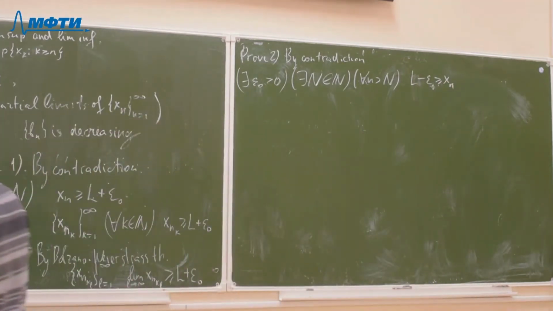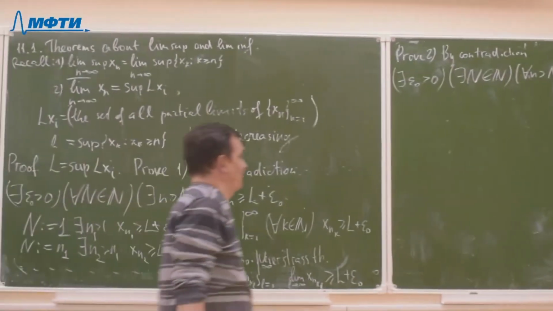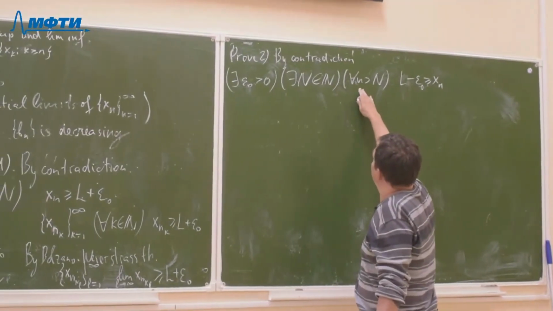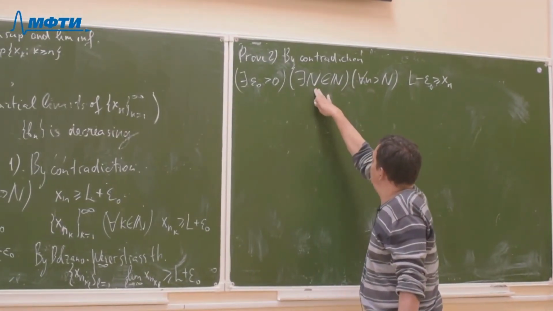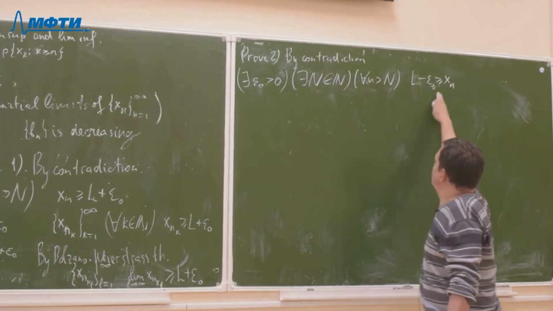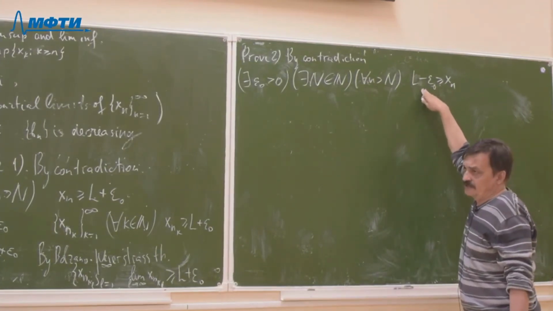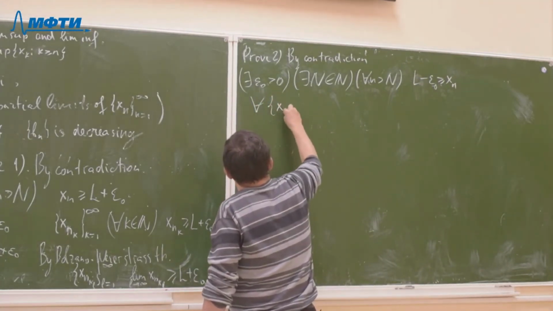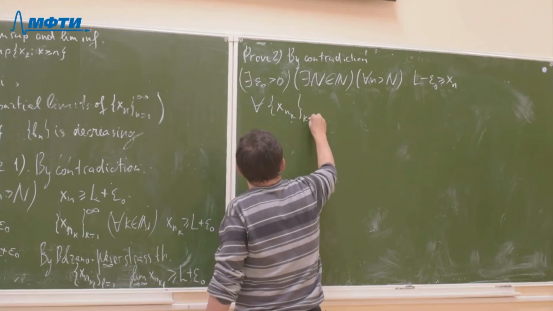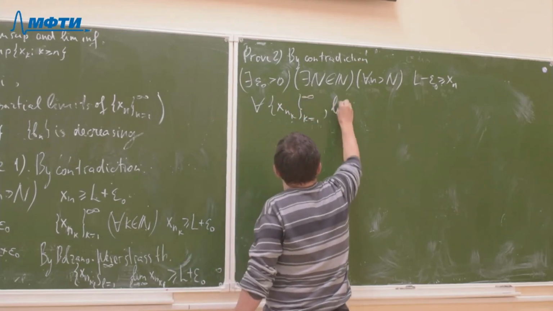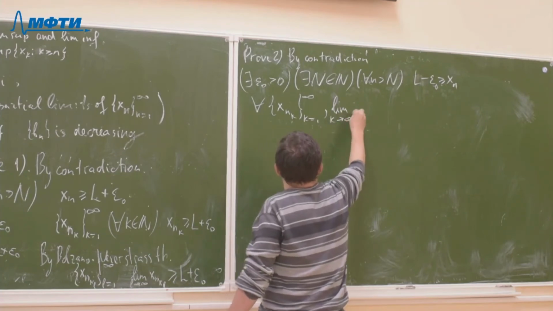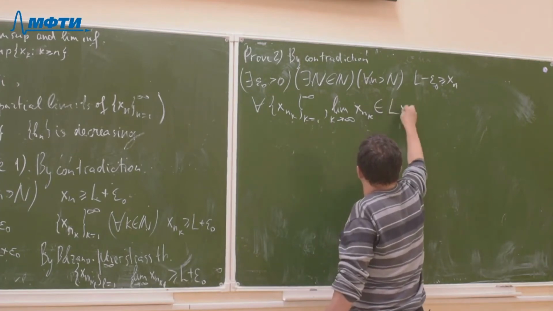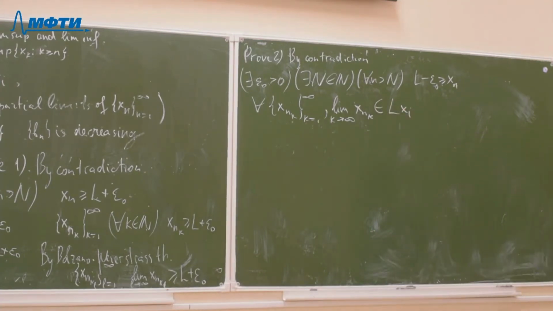And what does it mean? Look, there is a number capital N such that all members of our sequence are less or equal than L minus epsilon. Now take an arbitrary subsequence which has a limit, x_{n_k}, which belongs to the set of partial limits, of course, right?